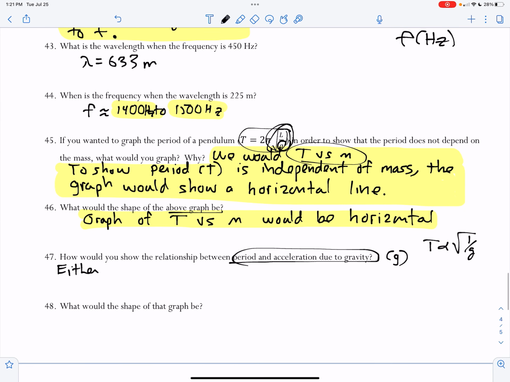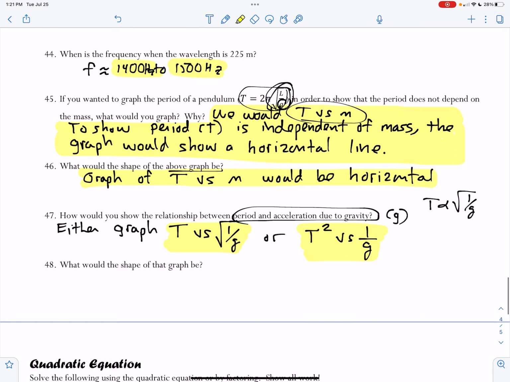So we could either graph the period versus the square root of 1 over g, or you could square both sides and graph the period squared versus 1 over g. So by graphing these, you would see how the period depends on gravity pulling on the pendulum. Okay, what would the shape of that graph be? The graph would be linear when you did this.